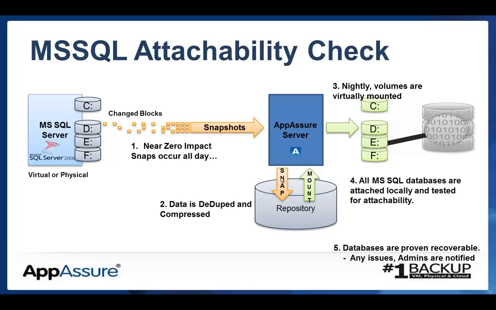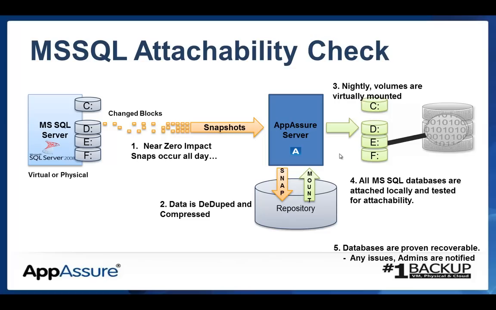For SQL Server, same process. We go through at nighttime, step number 3. We mount the volumes, and we do our volume integrity check and our nightly database attachability tests at the same time while we have these created. So the next thing we do after the volume integrity test completes is we use a local instance of SQL, and we actually attach each one of those databases and make sure that when you need to attach a copy of that data from your backup, you can.